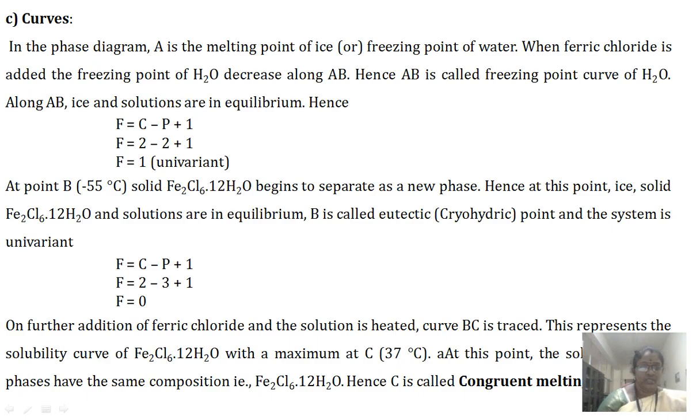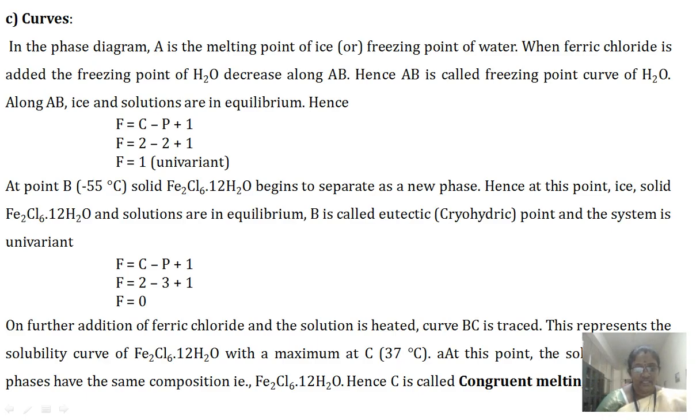At point B, at minus 55 degrees Celsius, solid Fe2Cl6.12H2O begins to separate as a new phase. Hence, at this point, ice, solid Fe2Cl6.12H2O and solution are in equilibrium. B is called the eutectic cryohydric point and the system is univariant.